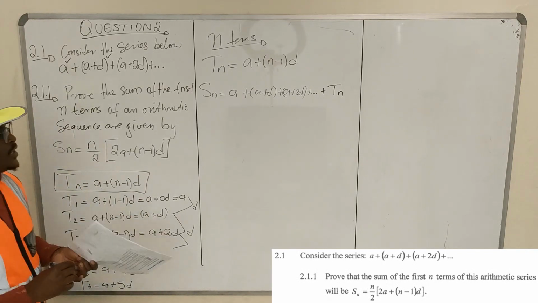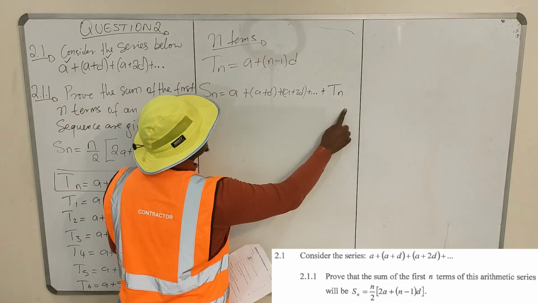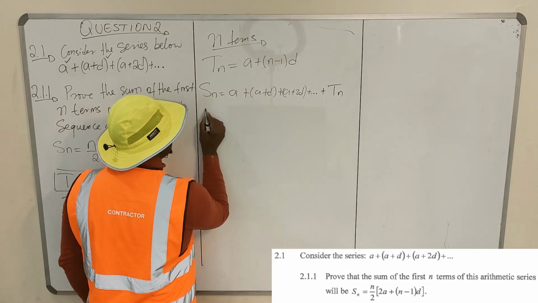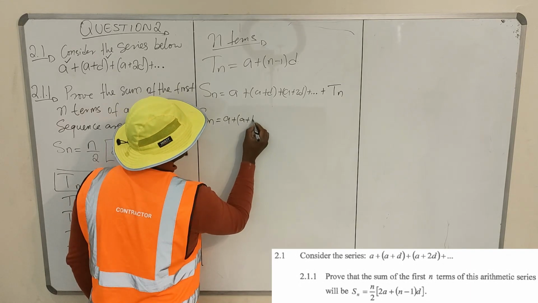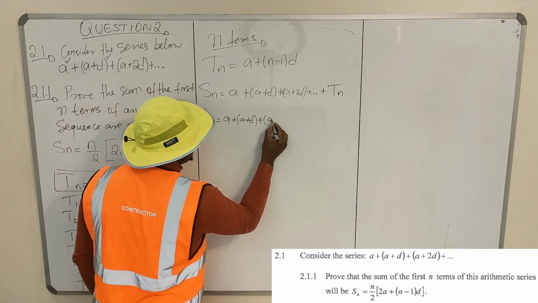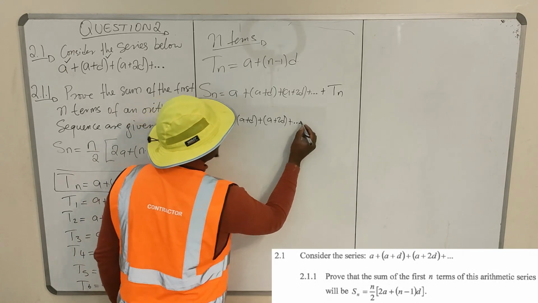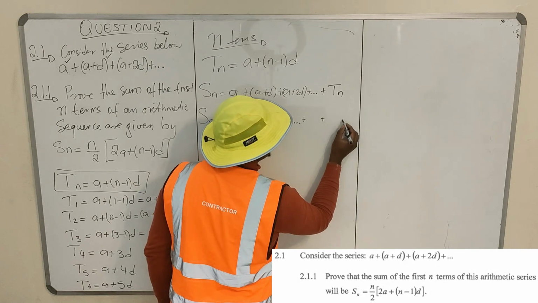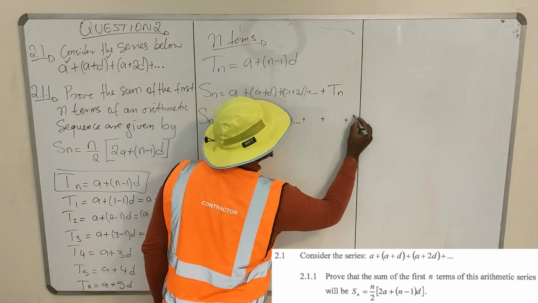So now, this is the sum of n terms. Let's say Sn is A plus (A plus D) plus (A plus 2D) plus, and so on, up to the last term, which is your Tn here.